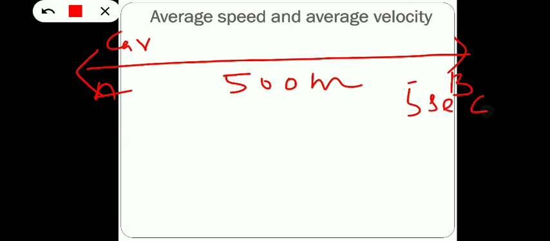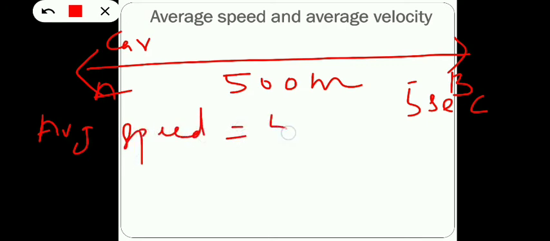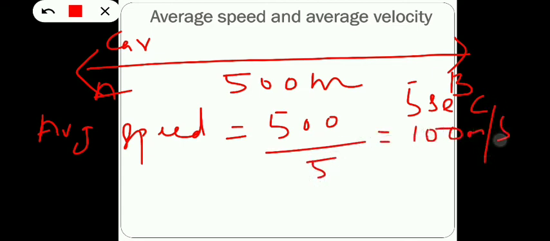So what is the average speed here? Average speed is equal to total distance by total time. What is the total distance? 500. What is the total time? 5. So 100 meter per second. So that is the average speed.